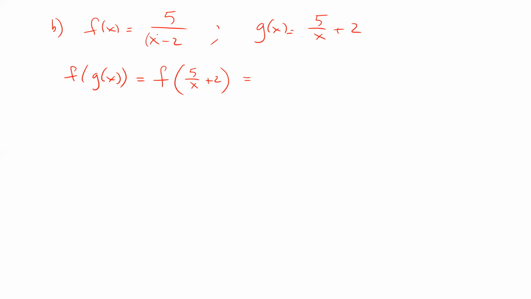This little x will change into our new x here. So 5 on top, and we got ourselves 5 over x plus 2, minus 2. Are we good there? I just want to see how you guys are doing here.